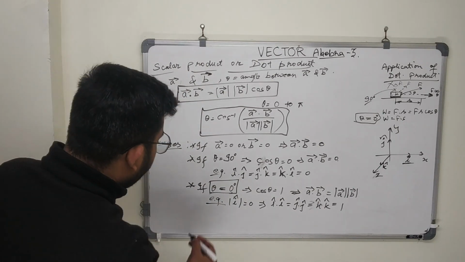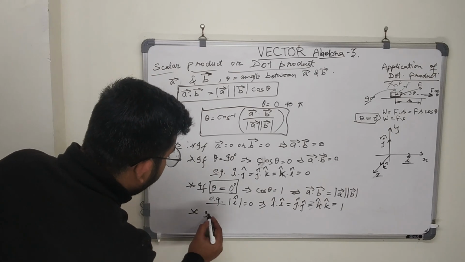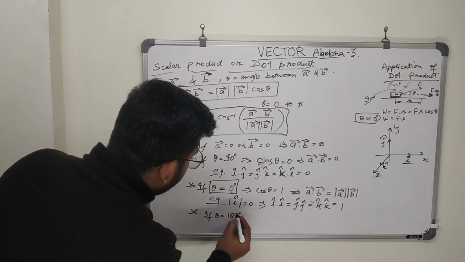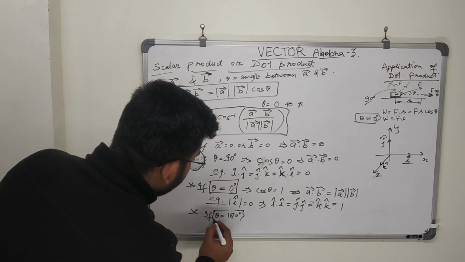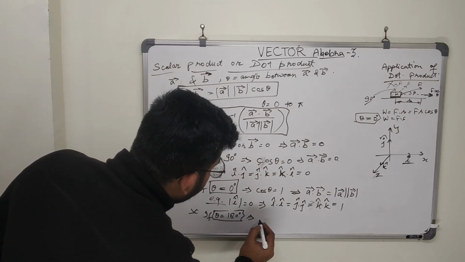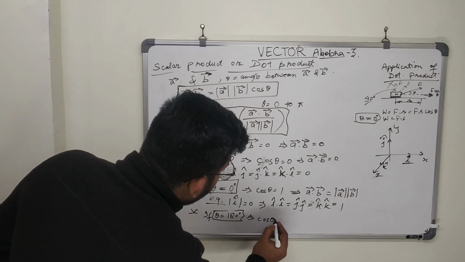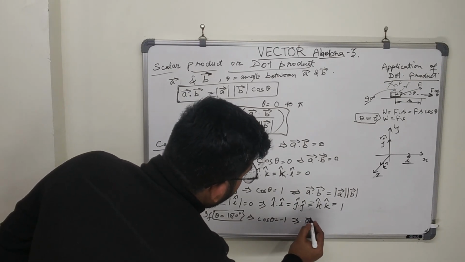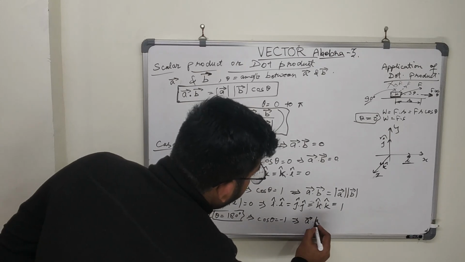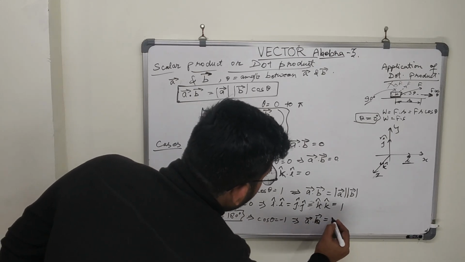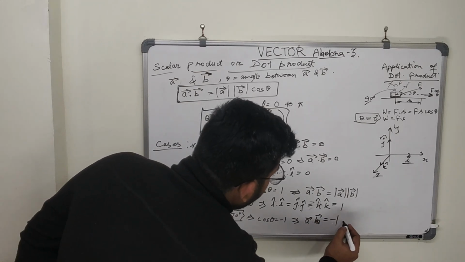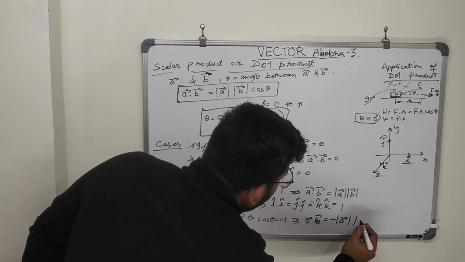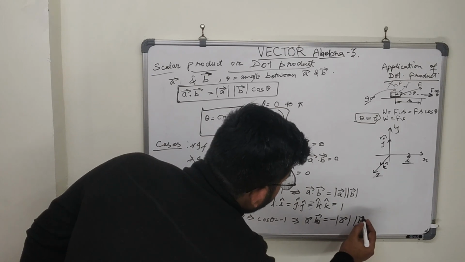So one more case is there. If theta is equal to 180 degree, in this case cos theta will be equal to -1. So the scalar product or dot product of A vector and B vector will be equal to minus of A vector's magnitude into B vector's magnitude.